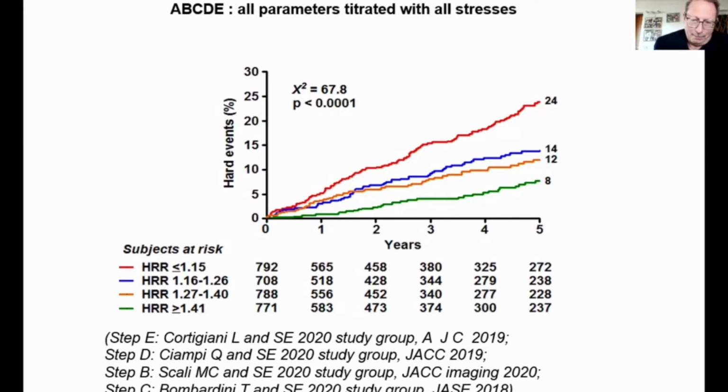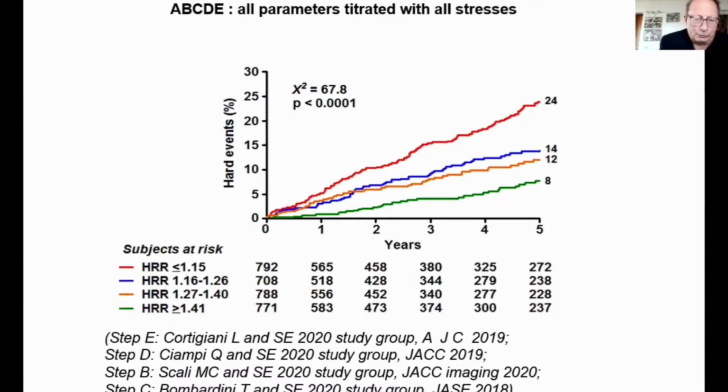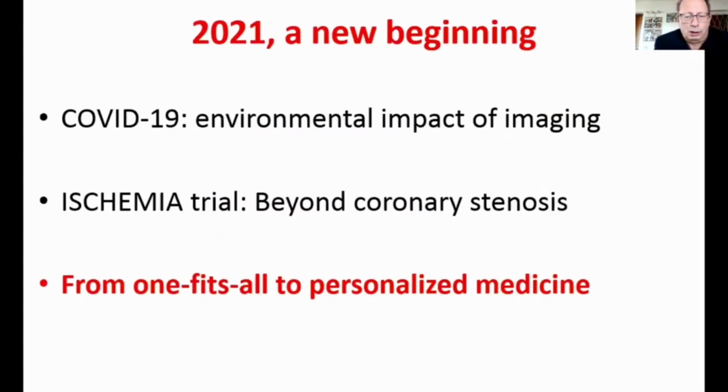On the basis of the amount of increase of heart rate during any stress, you can identify different strata of prognosis and obviously orient specific therapeutic interventions in these patients, as we see in this paper from, again, a multicenter study published in the American Journal of Cardiology in 2019 on the E step.